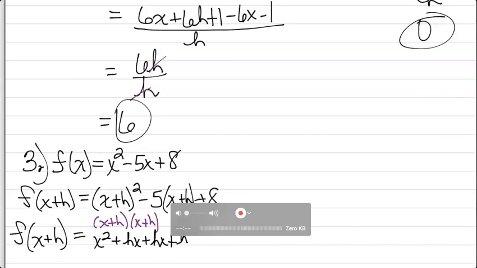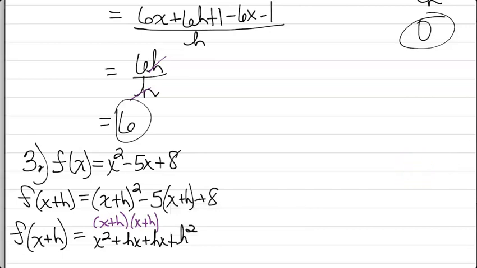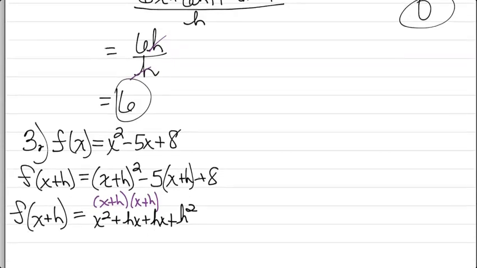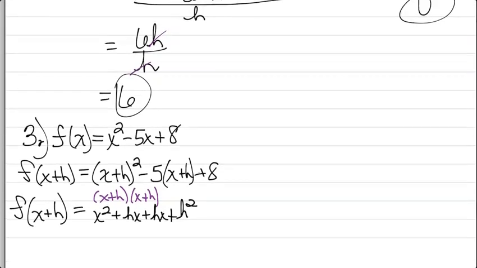Remember, there's another video where we're evaluating functions, and in that video, I also do an example with an x plus h being evaluated. So here I can combine the hx to get two hx's.